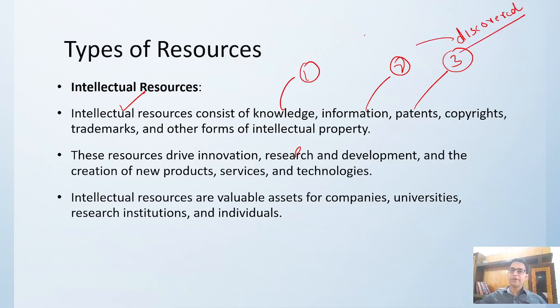Yesterday we talked about the global innovation index, in which the Indian government and Indian patent filers are gaining very good rankings. Copyrights and trademarks are also part of intellectual resources.